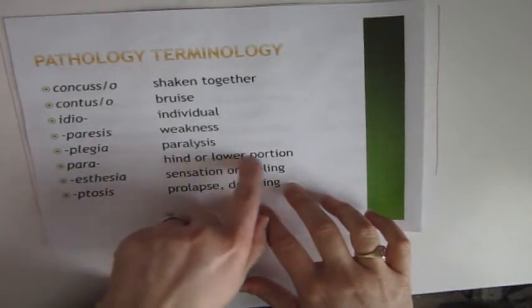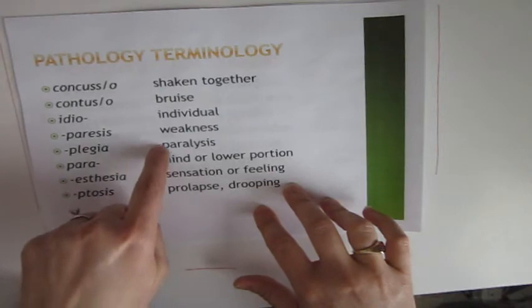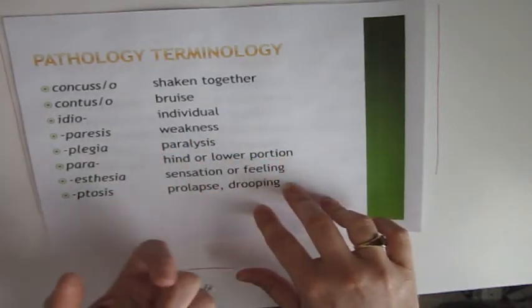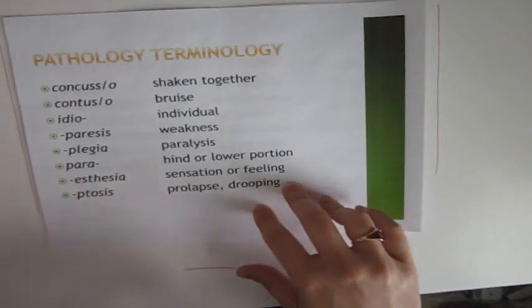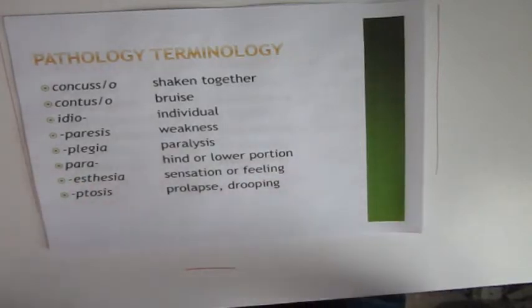Para means hind or lower end. So if you're a paraplegic, it means you have paralysis of the hind or lower portion of your body. If you're a quadriplegic, that means you have the inability to use all 4 of your limbs, right?